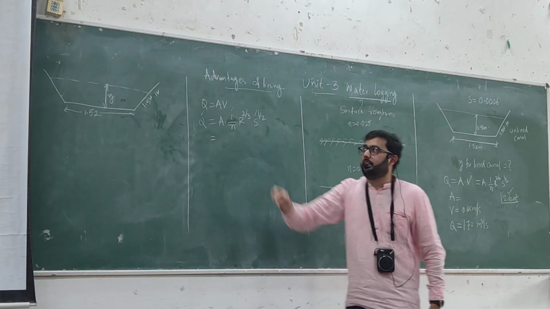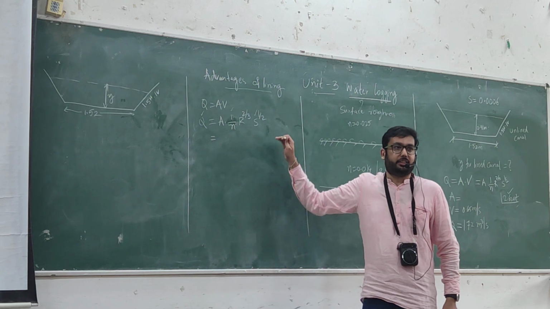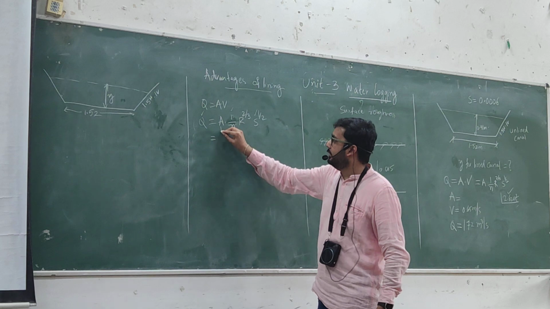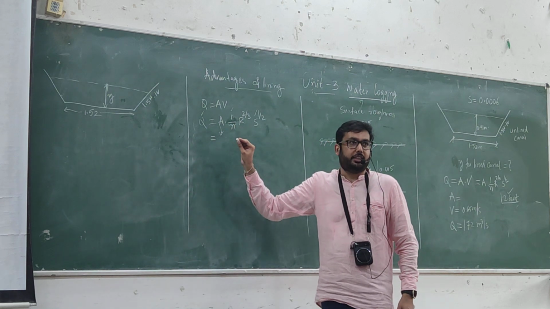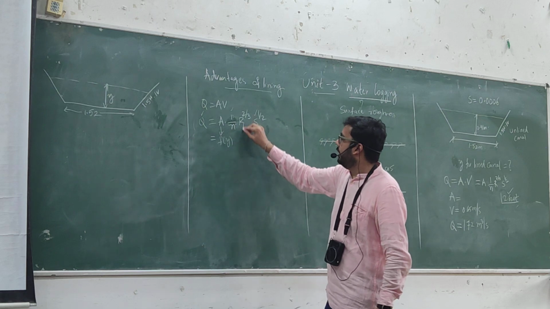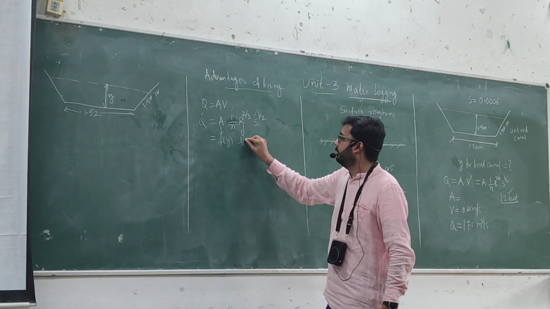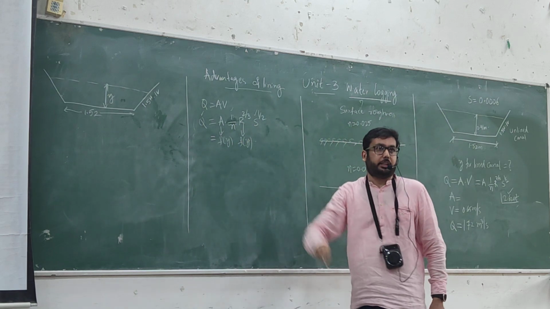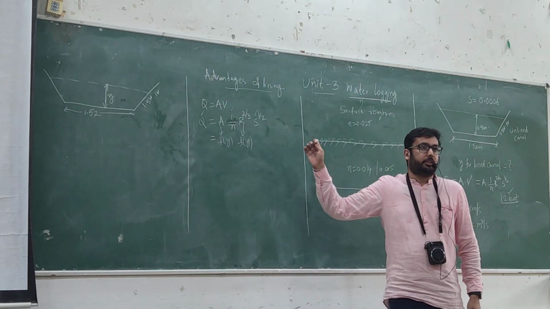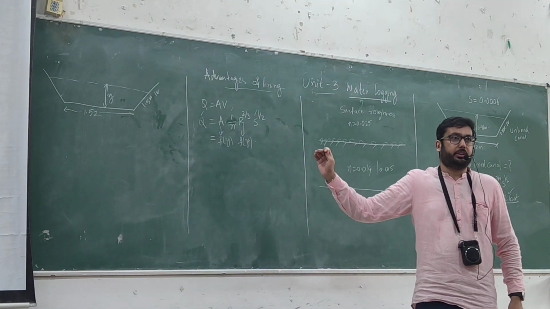Q. And what is the unknown? A is a function of depth y, and then R is a function of y. So you have one equation and one unknown, so you solve for it and you get the depth.